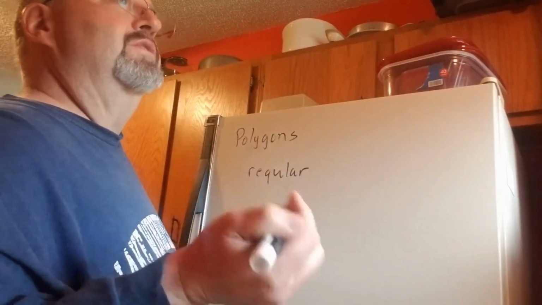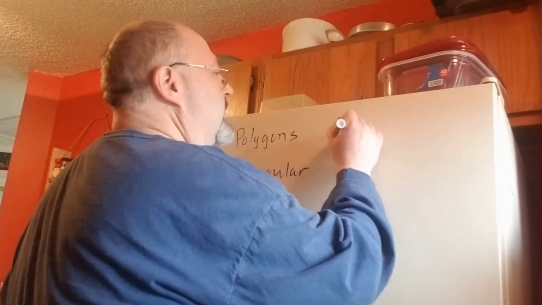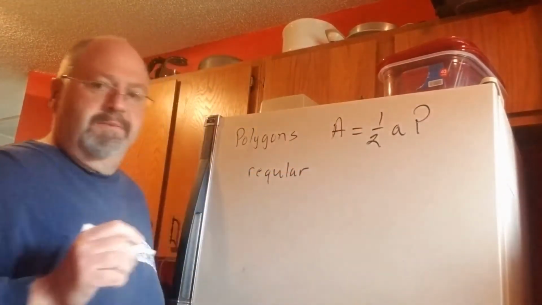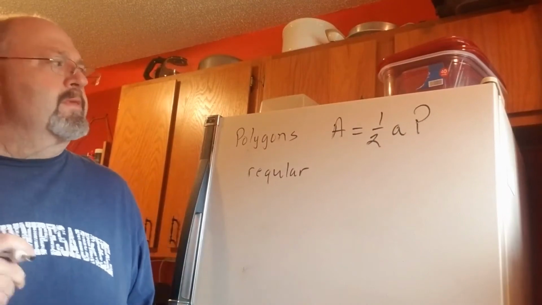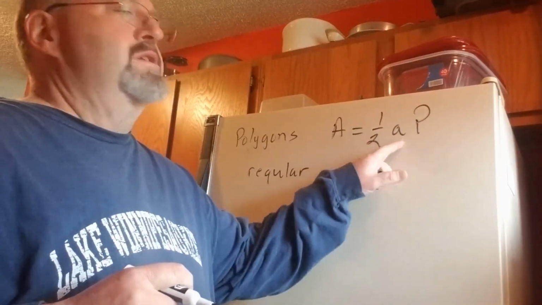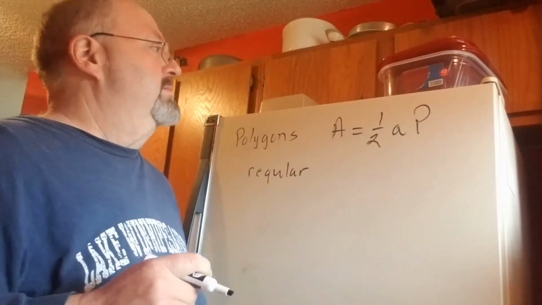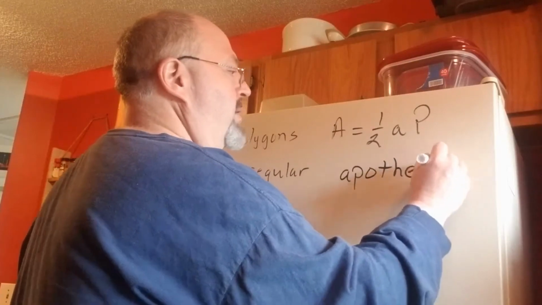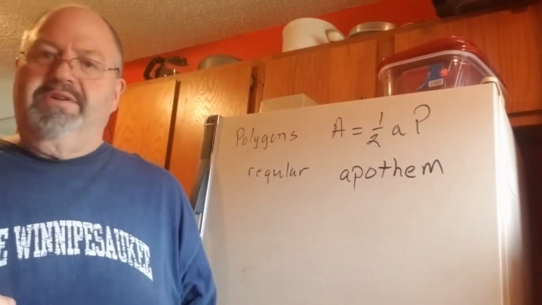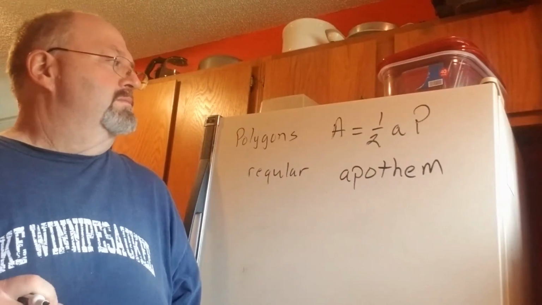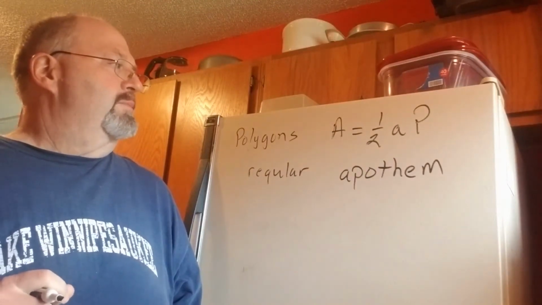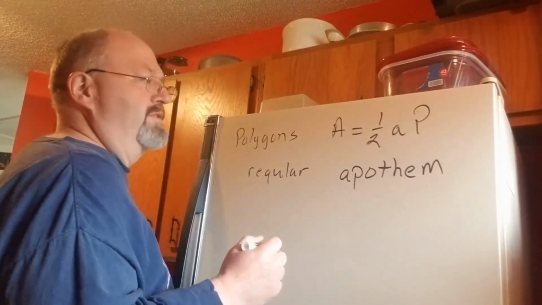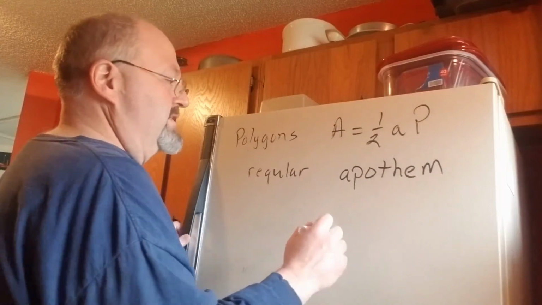The equation is going to look pretty simple. Area is equal to 1/2 AP. The problem is we don't know what this A is. That A is known as the apothem, which I know sounds like I'm saying an animal with a lisp, but no, the apothem is the perpendicular distance from the center of a figure to any side.